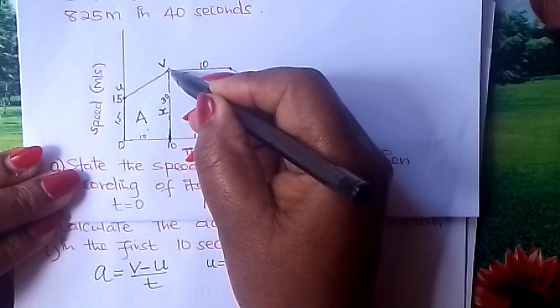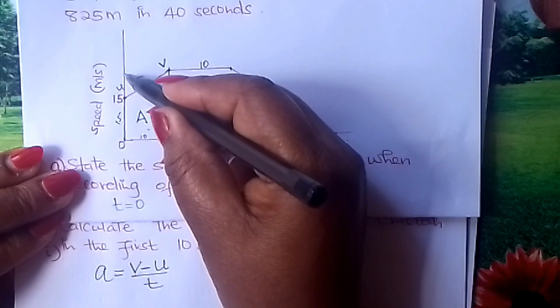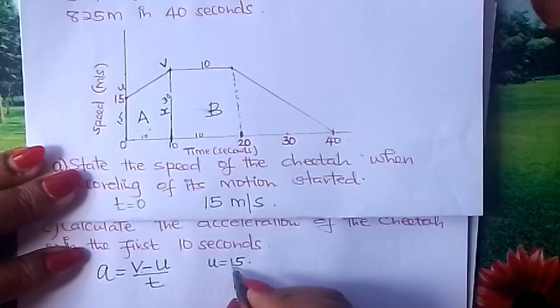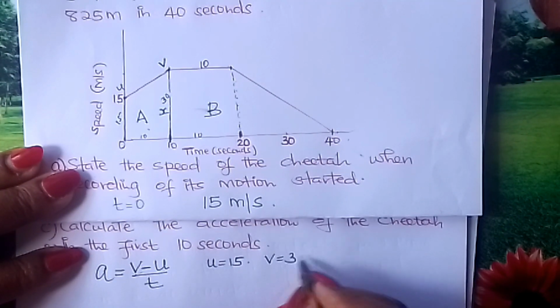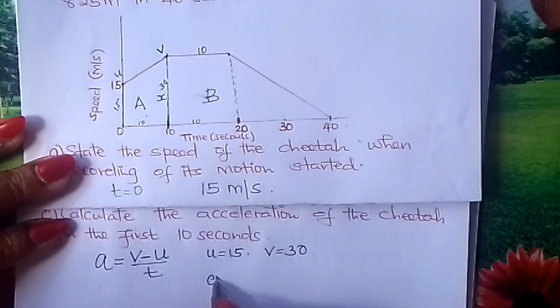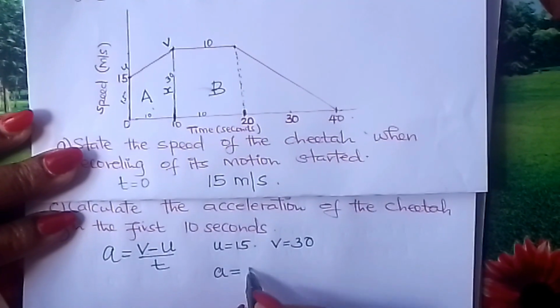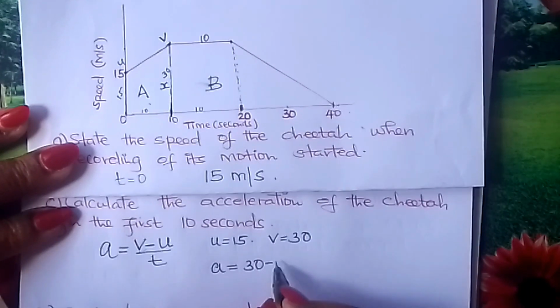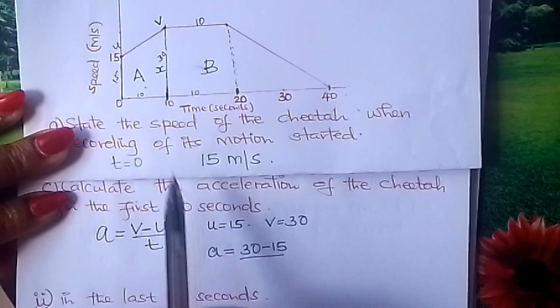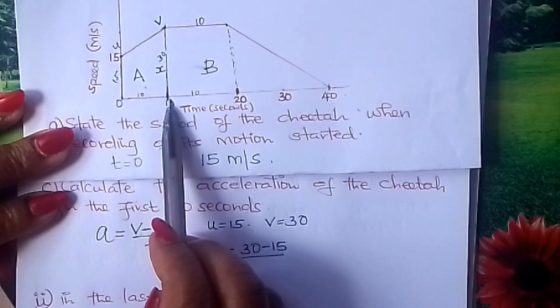We had got this as 30, which corresponds to the 30 on the y-axis. So our u is 15 and our v is 30. So what is our a? Our a will be equal to 30 minus 15, the initial, divided by our time here, 10.